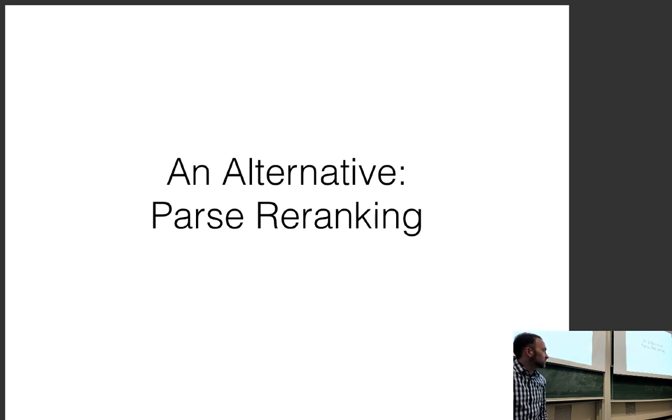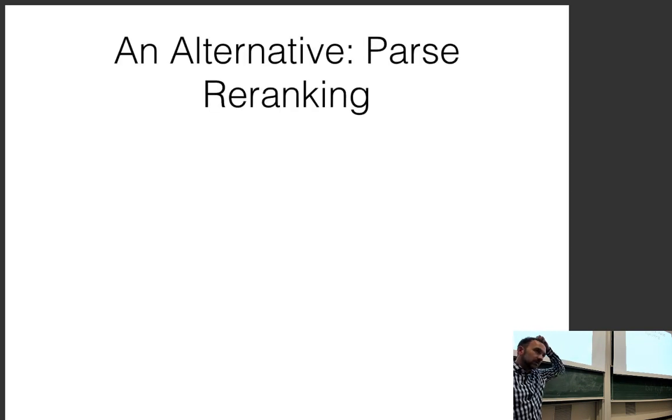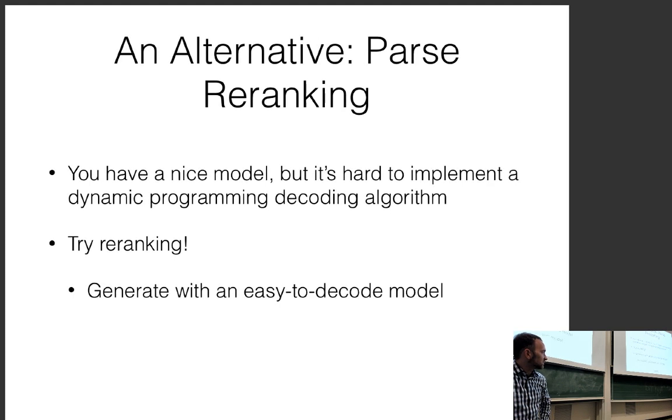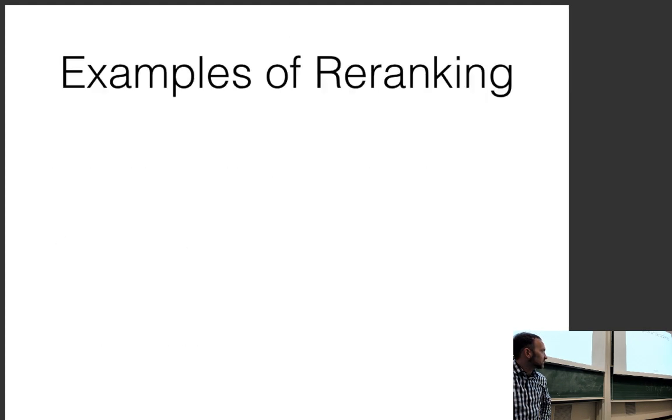There's an alternative of parse re-ranking, and basically it's very often the case that you could come up with a really nice model, but it's hard to implement a dynamic programming based decoding algorithm. So what you can do is try re-ranking the output of a simpler model. You generate with an easy to decode model, and rescore with your proposed model. There's a bunch of examples of this.